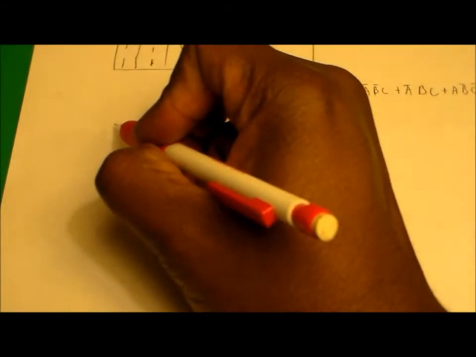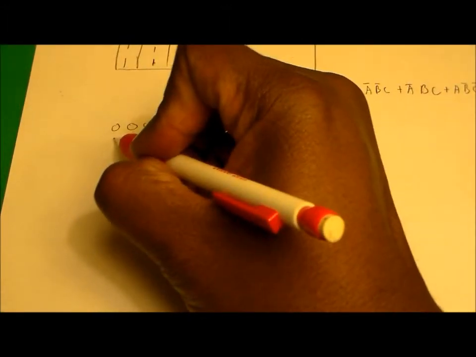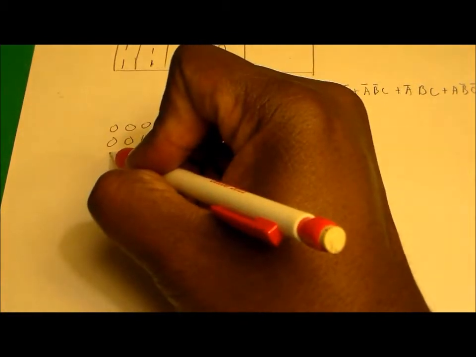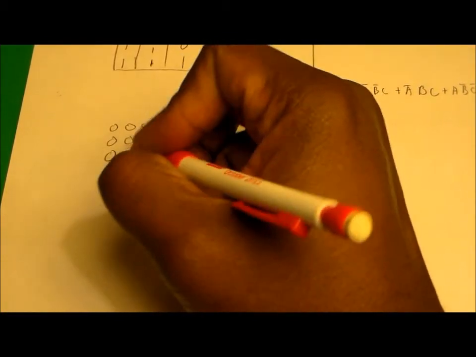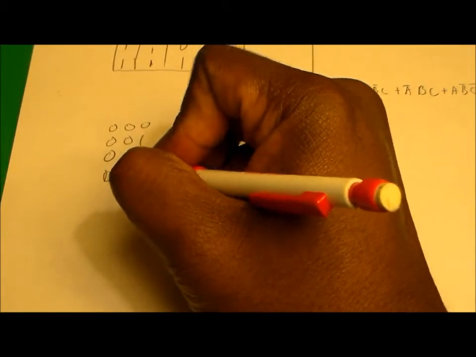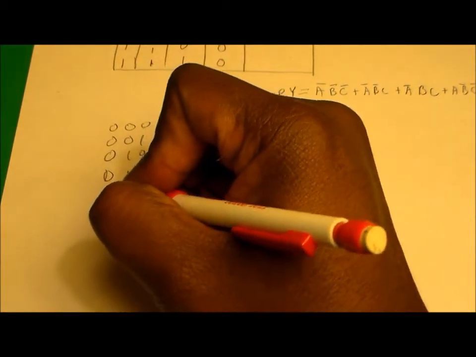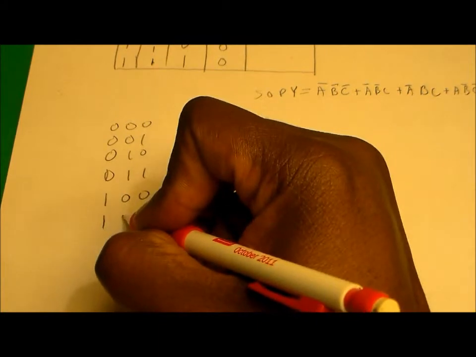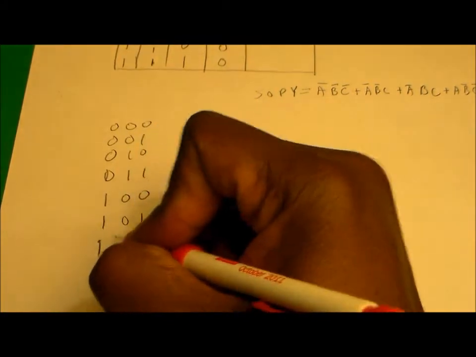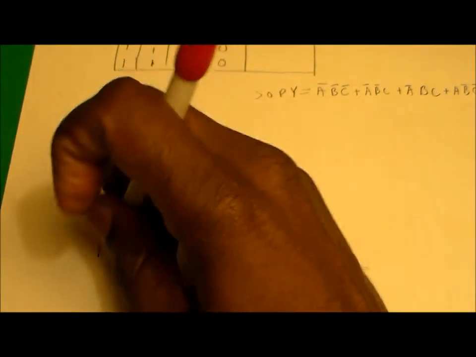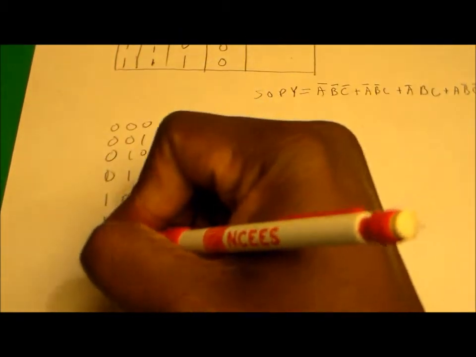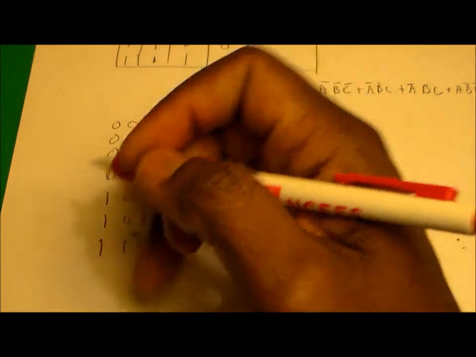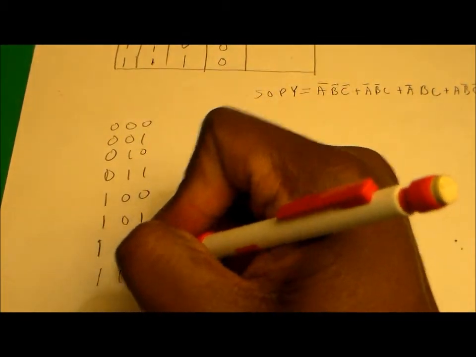So if we push the paper out this way just a little bit, if we go 0, 0, 0, 0, 0, 1, 0, 1, 0, 0, 1, 1, then we have 1, 0, 0, 1, 0, 1, 1, 1, 0, and then we have 1, 1, 1.